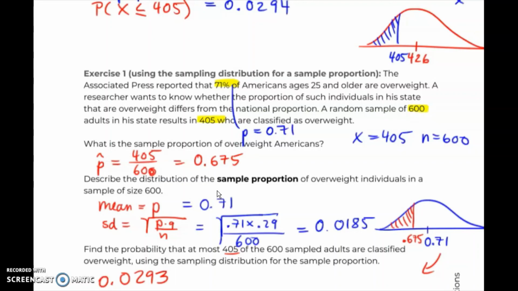If you're looking at binomial, then you're looking at a mean of n times p and a standard deviation of the square root of n times p times q. When you're looking at the sampling distribution of the sample proportion, you're going to look at a mean of p and a standard deviation of the square root of p times q divided by n. So make sure you're not mixing apples and oranges when calculating these probabilities.